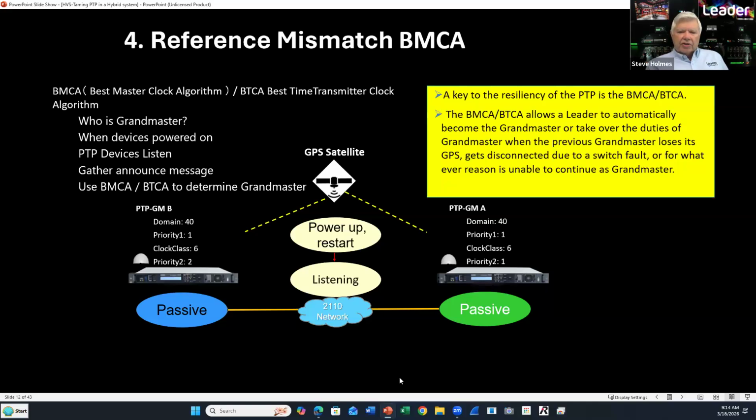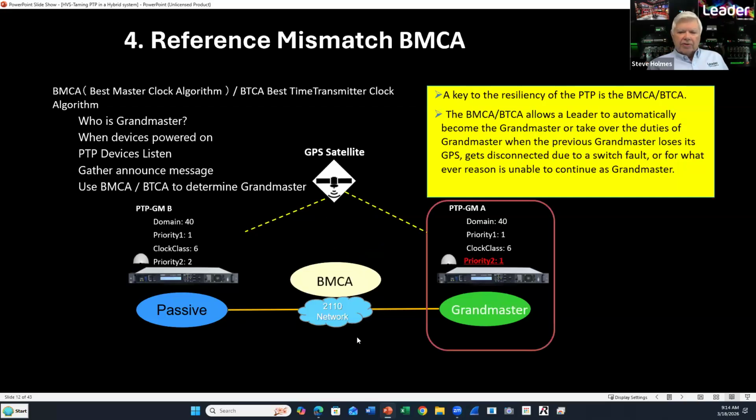When the generators start up, they go into listen mode, and they look for announce messages. And the SPGs are putting out announce messages saying who they are, what their domain is, what their priority one is, what their clock class is, and what their priority two is, and sending that data back and forth.